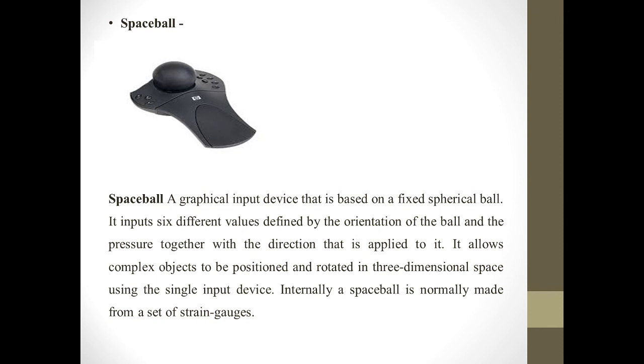Next input device is a spaceball. There is a little bit of difference between a spaceball and a trackball structure. A spaceball is a graphical input device that is based on a fixed spherical ball. It inputs six different values defined by the orientation of the ball and the pressure, together with the direction, that is applied to it.